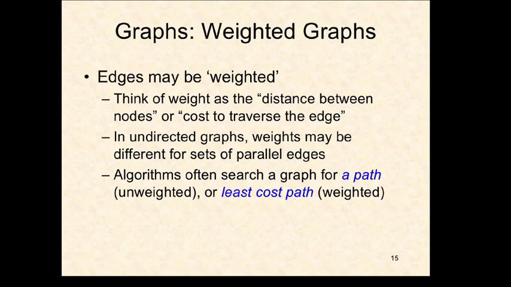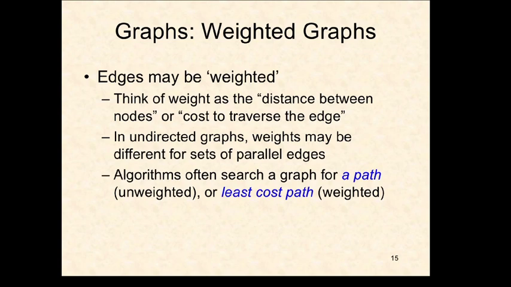Okay, so we might have these edges on a graph, and in an undirected graph, the weights could be different if we had parallel edges, if we allow parallel edges. If we have directed edges, we might have a different weight for the different directions.